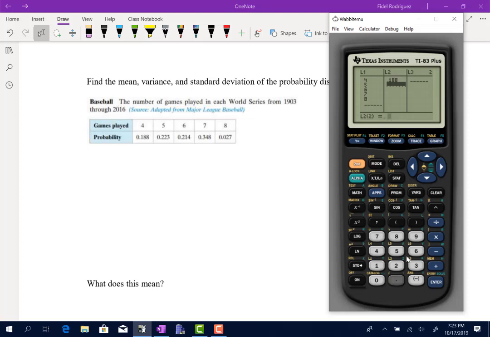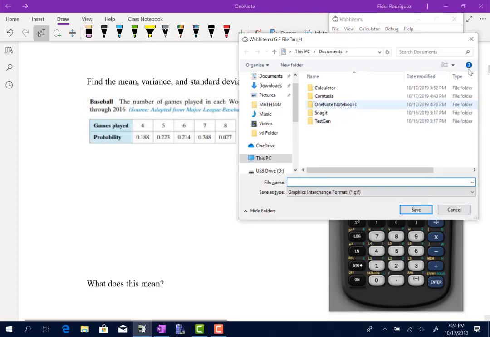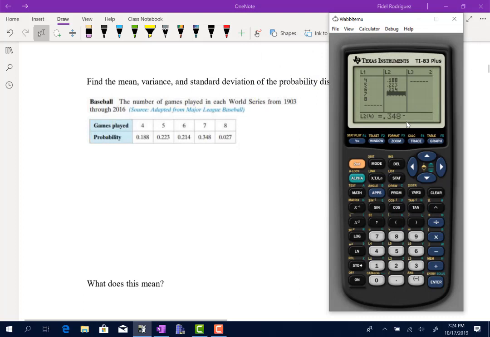And then 0.223, and then 0.214, 0.348. Oops. Whoa, I didn't want to do that. Delete. And delete. There we go. And then finally 0.027. Okay. And enter that one in.